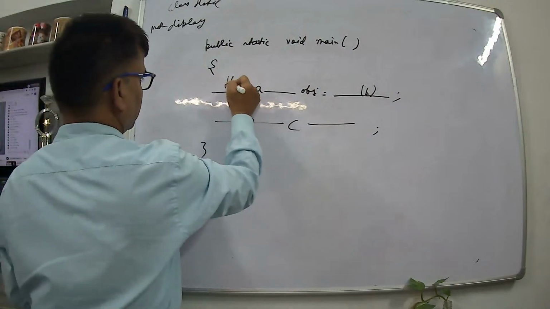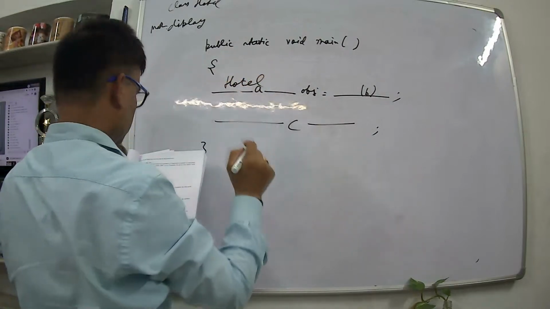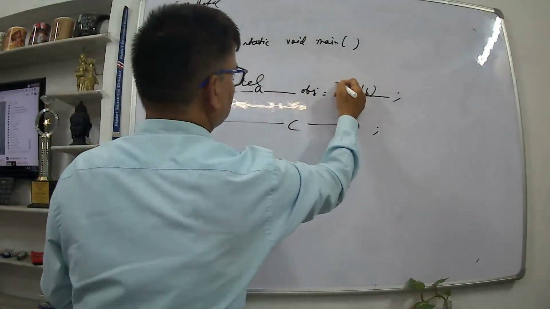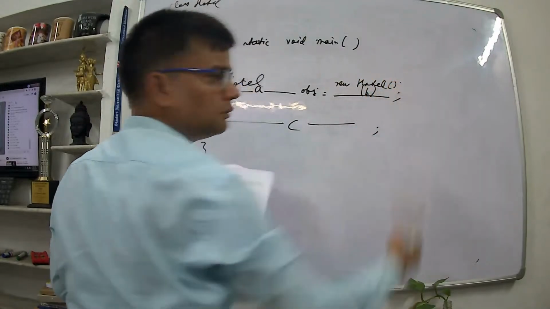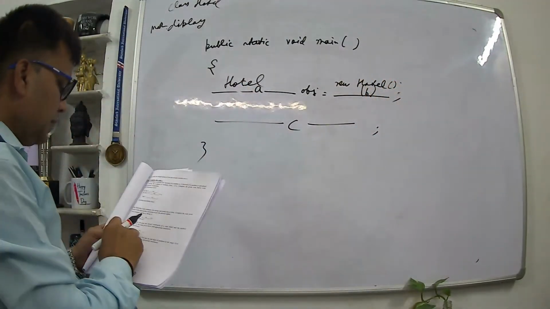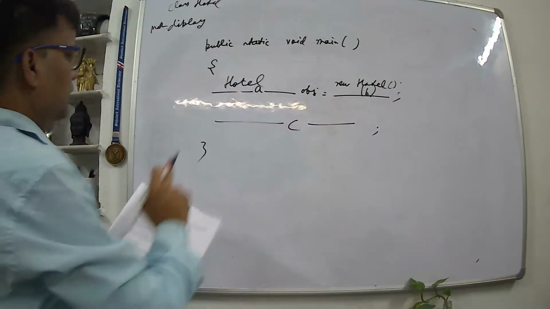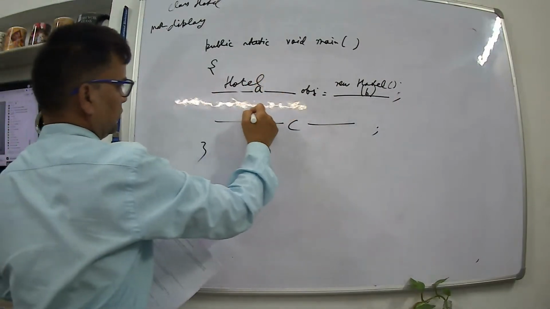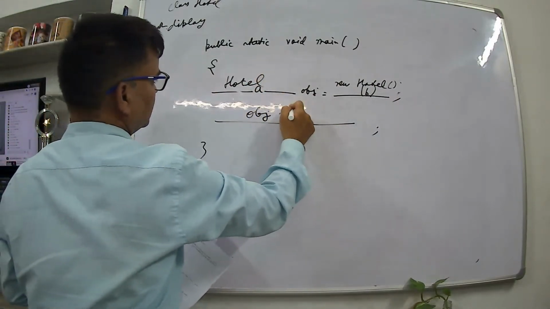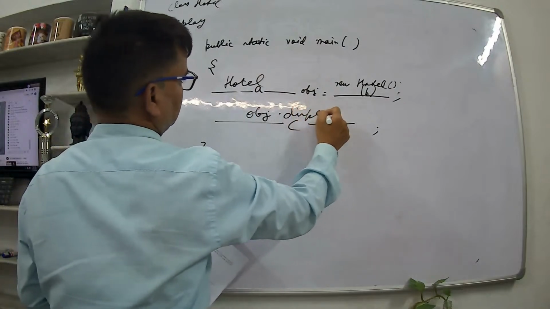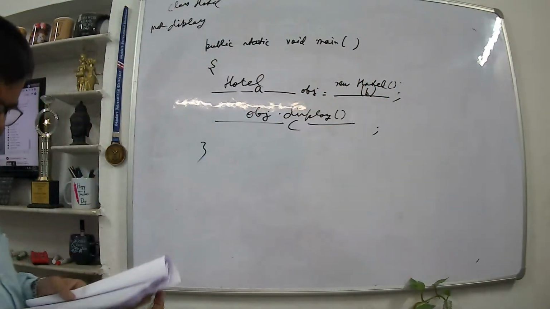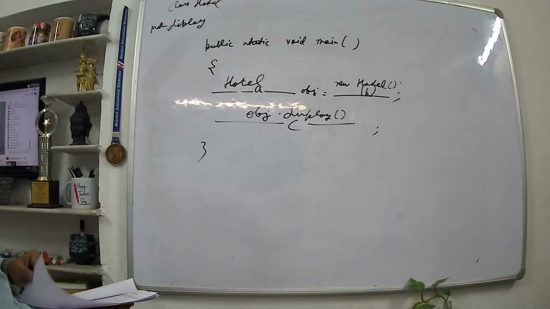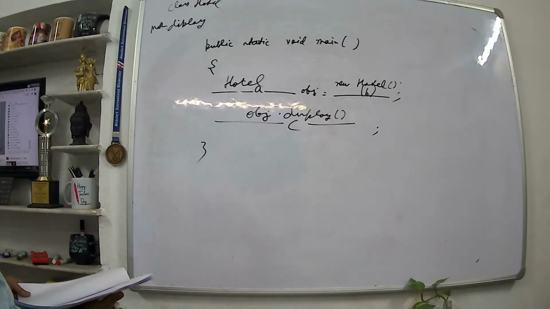So it should be hotel obj is equal to new hotel. Second one, you have to call the method on the object. Object name is obj, so it should be obj dot display. Right? So you have to use the logic for these things also. Okay. Good.